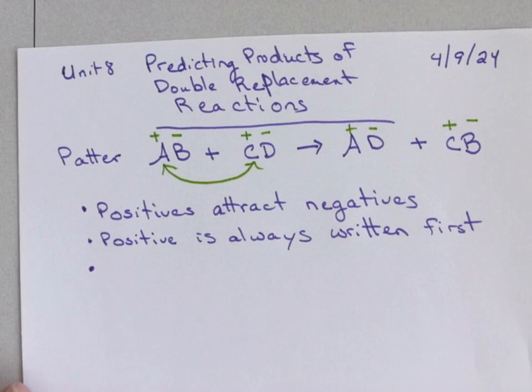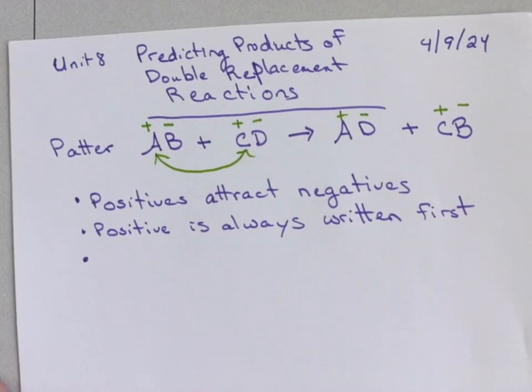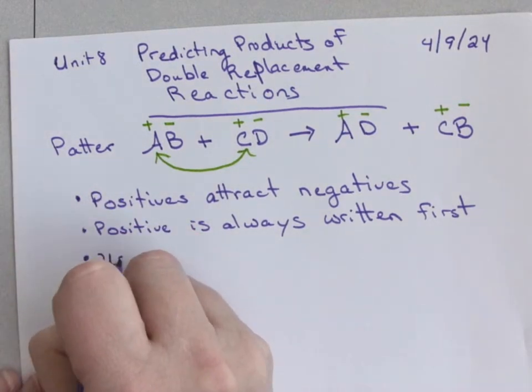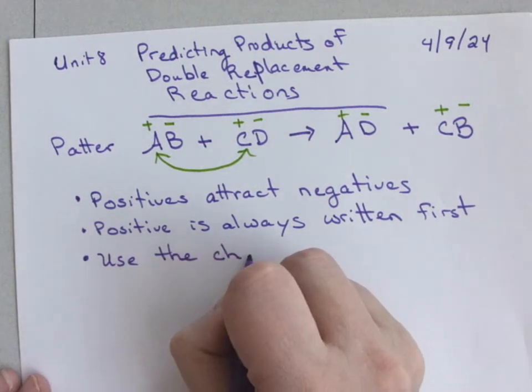Sometimes double replacement seems a little easier than single replacement because there's no single element to check to see if it's diatomic or monatomic. You're just using charges, so you only have to focus on charges. Use the charges to write the subscripts, just like we did in single replacement for the compound.